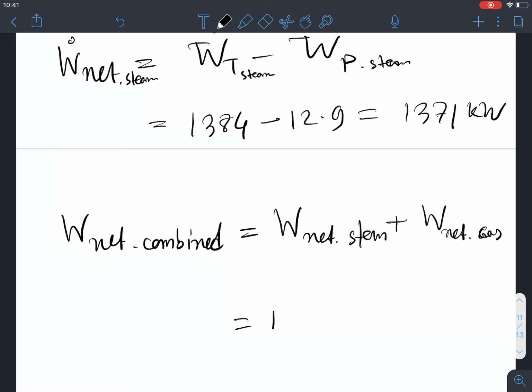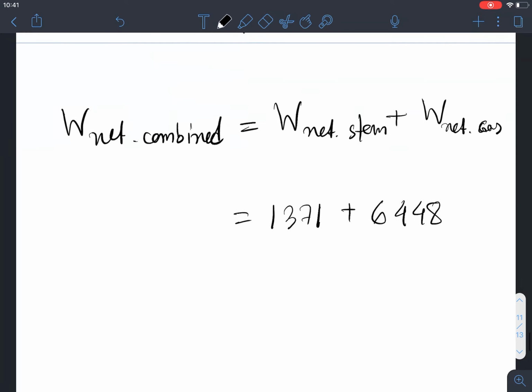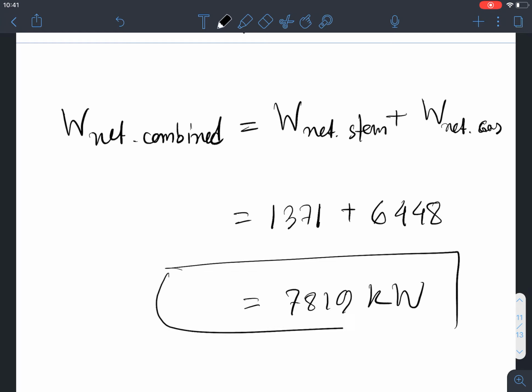For the steam we just saw it's 1371 kilowatt, plus for the gas it was 6448. So the W net of the combined cycle would be 7819 kilowatt. That's the answer.